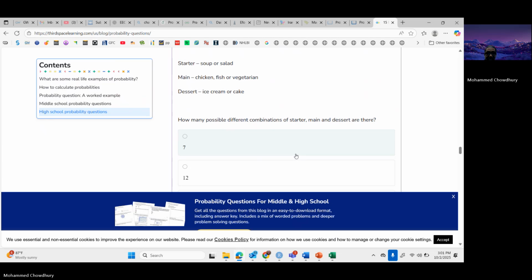So starter, main, and dessert. Starter has 2, main has 3, and dessert has 2. How many possible different combinations of starter, main, and dessert are there?